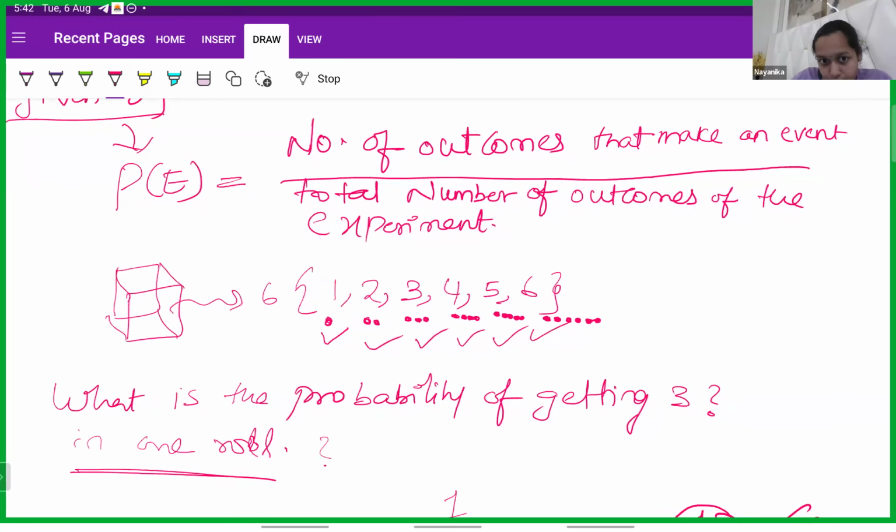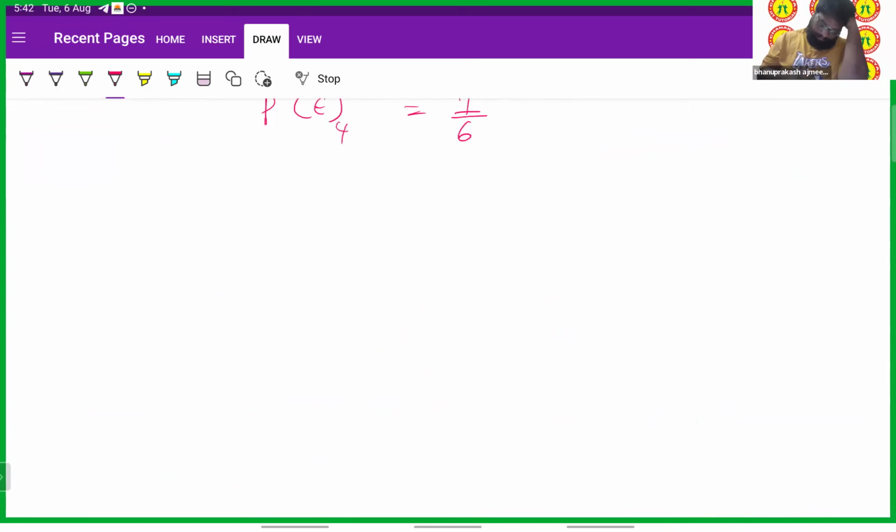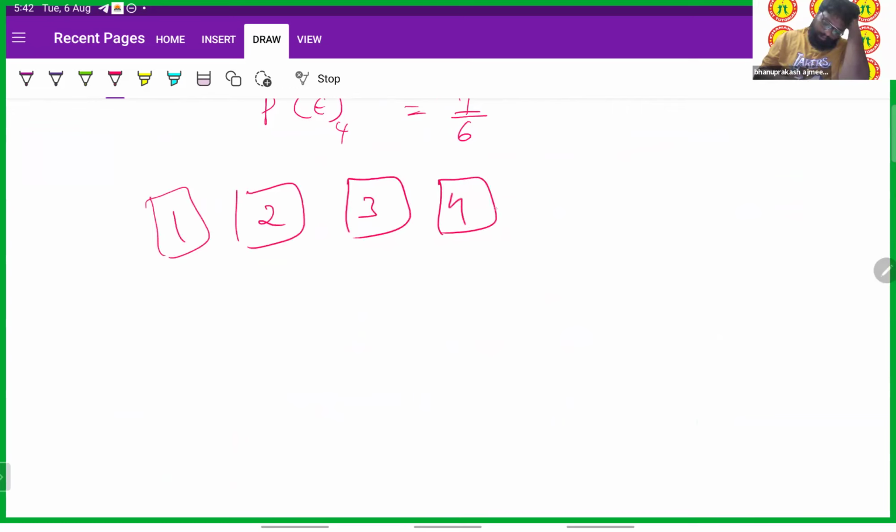Can you explain the example one more time? I didn't understand. So what is the probability of getting 3? If you roll a dice, you may get 1, 2, 3, 4, 5, or 6.